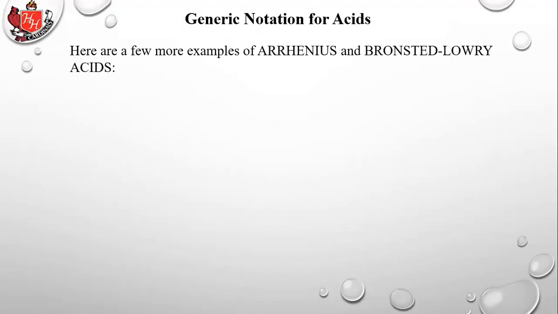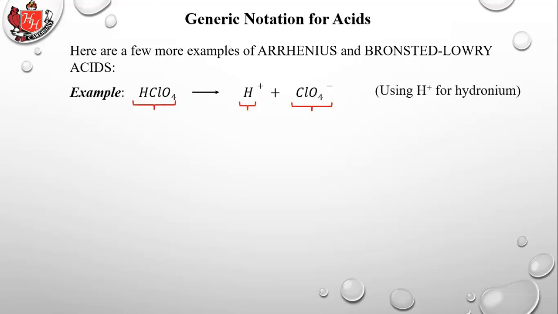Here are a few more examples of Arrhenius and Bronsted-Lowry acids. So this is perchloric acid, and that's the abbreviated form for it. So you can write that in generic form like this. The H represents the proton, and the A- represents everything else in that acid, the ClO4, and with the electron left behind from the proton dissociating, it becomes ClO4-.